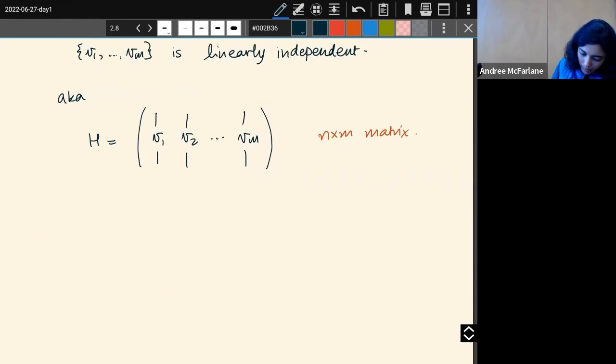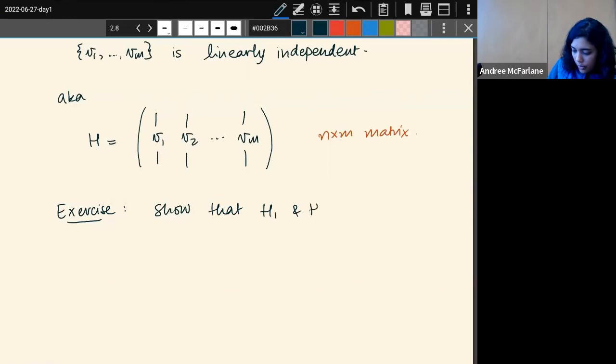So, exercise again. Show that matrices as above, H1 and H2. Oh, and sorry, one remark I should make. It's not just any old n by m matrix, right? It's an n by m matrix of rank m. So that's important.